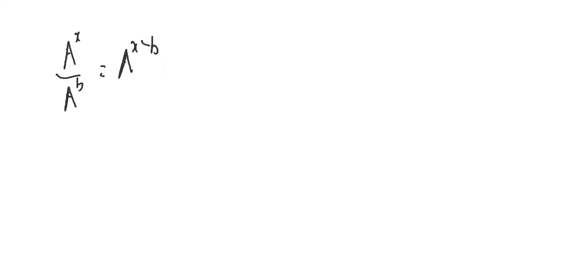For example, if I have 3 raised to power 4 divided by 3 raised to power 2 here, how do we go about this? Because this is division, this is a ratio, what we simply do is to subtract their powers, 3 raised to power 4 minus 2, which equals 3 raised to power 2.